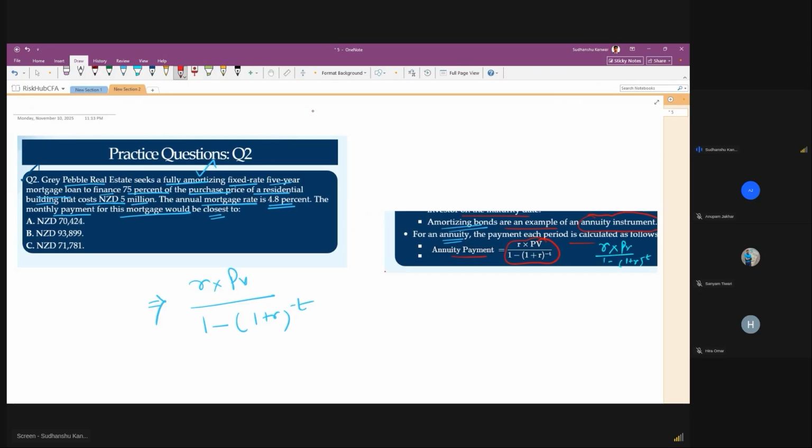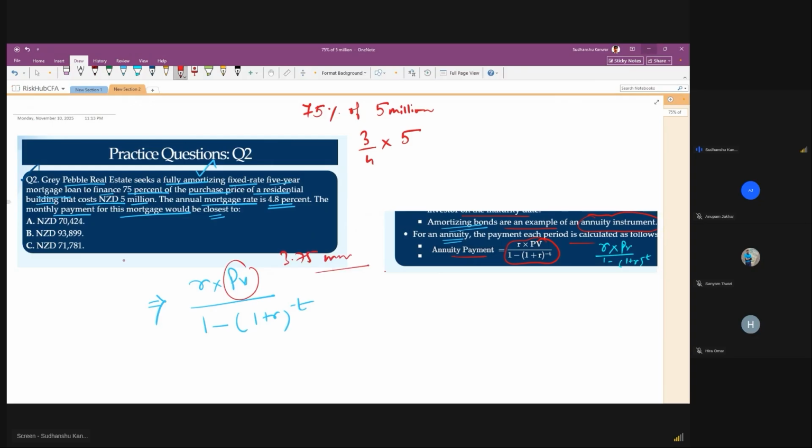So basically, the loan which they are taking is 75% of 5 million. 75% is 3 by 4 of 5 million, which is 3.75 million. So 3.75 million is the PV. That part we are clear.